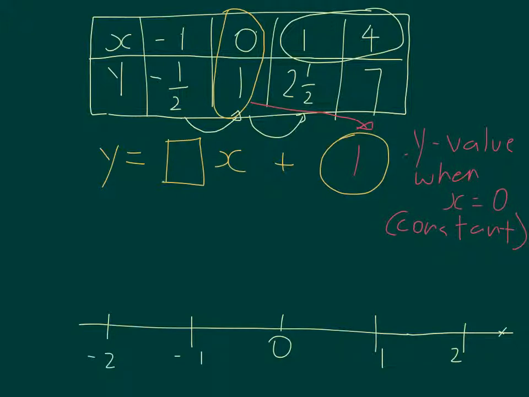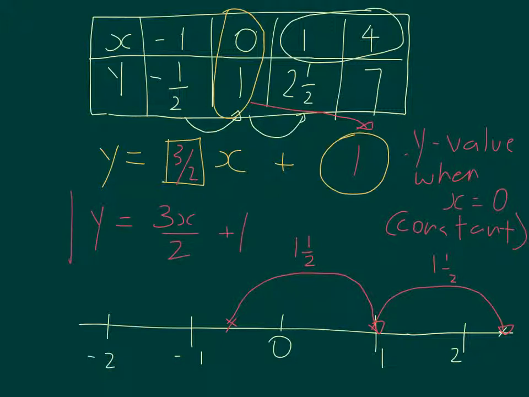I go from -0.5 up to 1, then from 1 up to 2.5. I hope you see I'm going up by 1.5 each time, or 3 on 2. So my rule is y equals 3 on 2 x plus 1, or 3x on 2 plus 1.